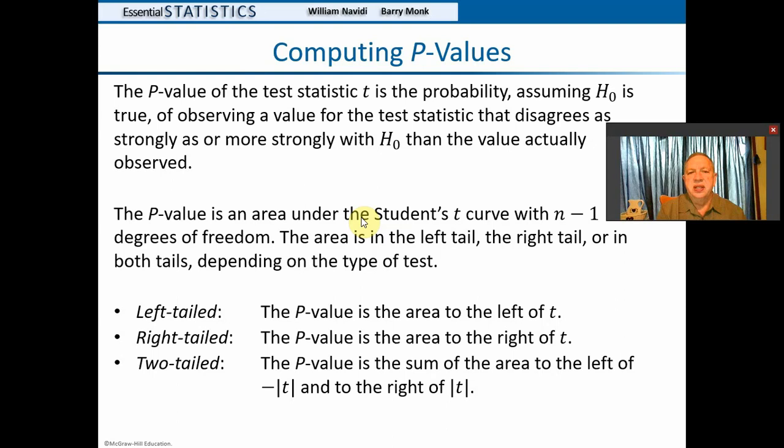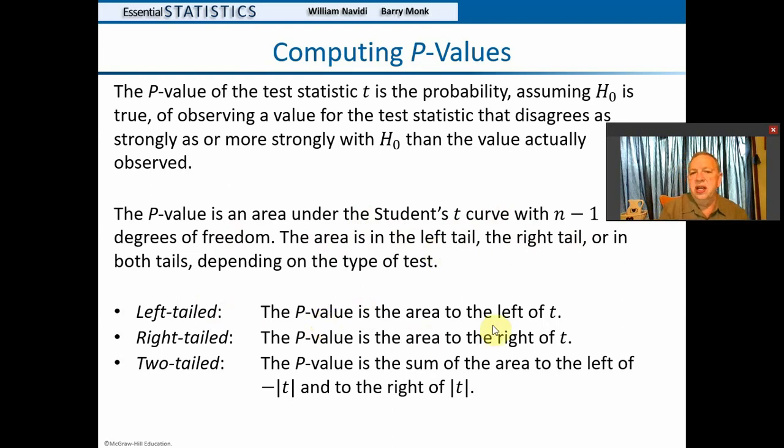The p-value is an area under the student's t-curve with n minus 1 degrees of freedom. The area is in the left tail, the right tail, or in both tails, depending on the type of test. And remember, if I'm doing a two-tailed test, once I get the probability for one side, I multiply it times 2, so I don't have to divide alpha by 2 to compare it. I've got it directly.